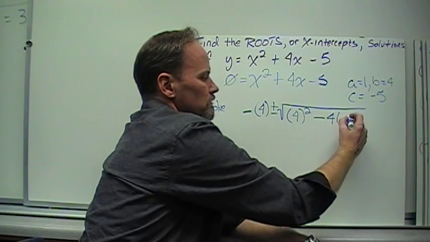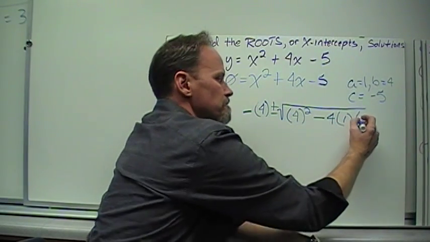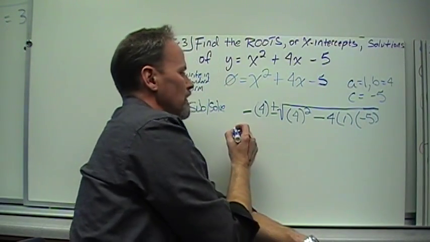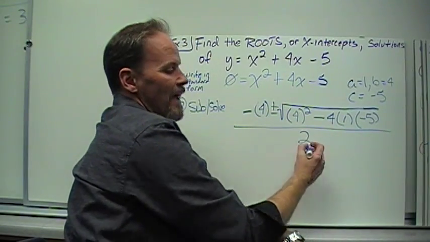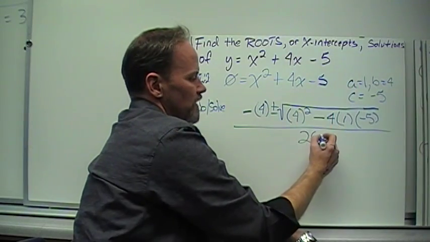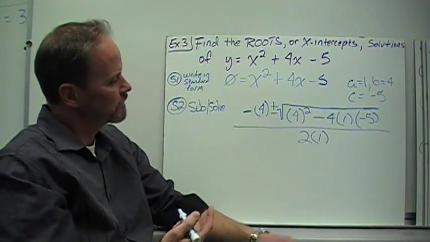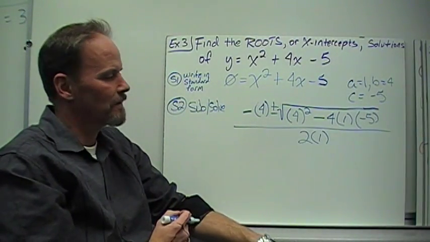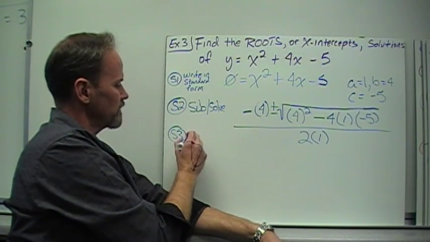That's a 1. And this time our c is negative 5. Let's make that a little bit longer. All of that over 2a. So 2 times, here we go, 2 times 1. Okay. Double checking, make sure I did everything right. Looks really good so far. Now we just, step 3, we just simplify.